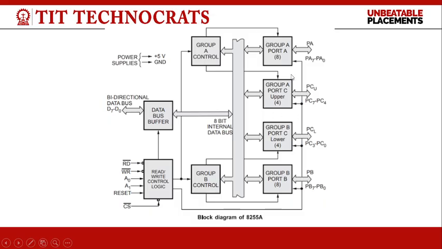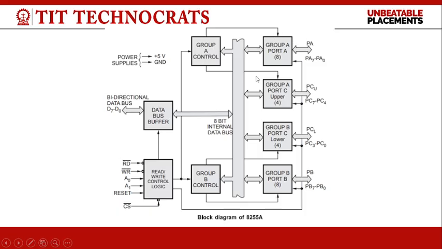Here upper port C has 4 input output pins and lower port C also has 4 input output pins, that is PC0 to PC3 is called port C lower and PC4 to PC7 is called port C upper. This is called PCU and this is called PCL. L stands for lower port C pins and U stands for upper port C pins.